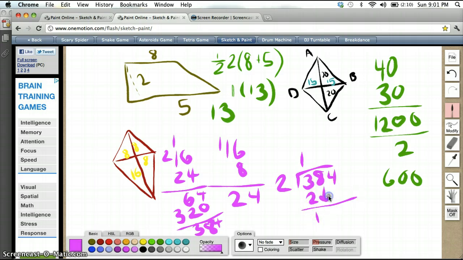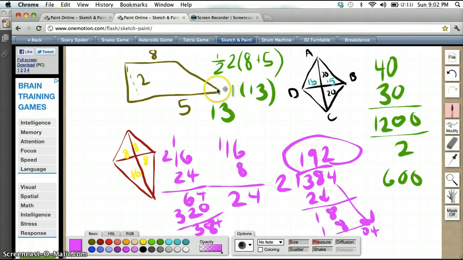We bring down our 8. 2 goes into 18 nine times. 9 times 2 is 18, and we get 0. We bring down the 4, and 2 goes into 4 two times. So your answer is 192. The area of your kite is 192.